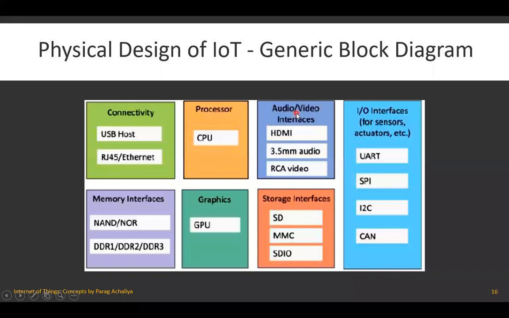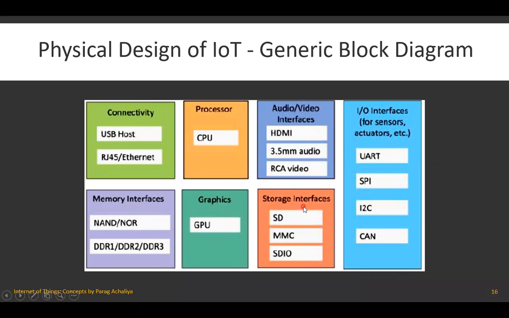will have some ports for your audio and video interfacing purpose, an HDMI port or your 3.5 audio jack. Then it will have some memory interfaces. These are built-in memories, or these are onboard system-on-chip memories. Then there will be some processing unit for your graphics purpose.